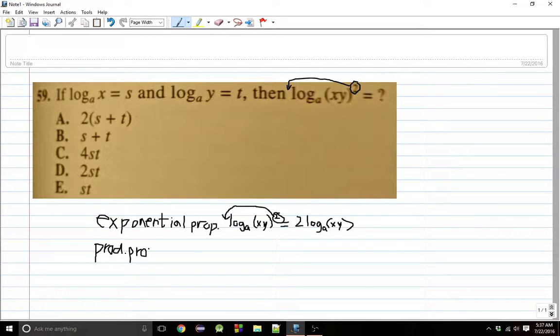And by the product property of logarithms, we can get this: log a to the x, y.